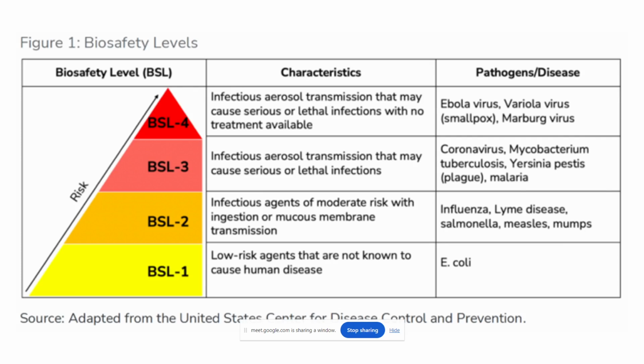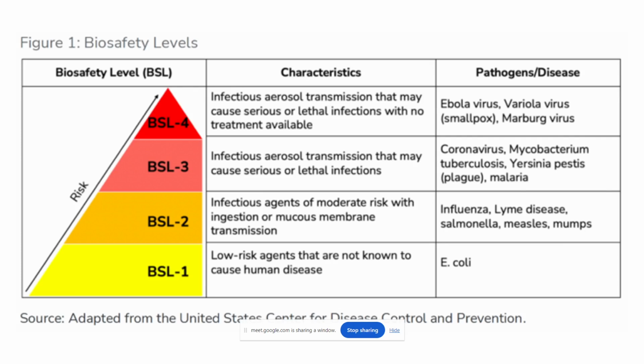There are infectious agents that can transmit through aerosol, and we do not know the exact treatment of that disease. In case I get that infection, I don't know how to treat myself. For those particular agents, we have to have a BSL-4 level. BSL-3 won't suffice.